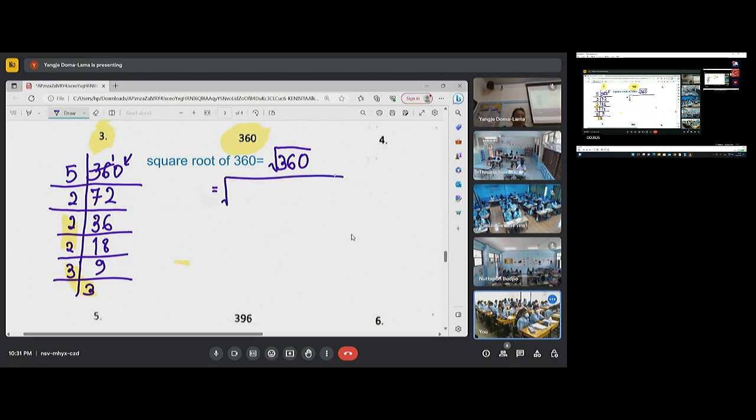So we can write 360. We have 5 times 2 times 2 times 2 times 3 times 3. Now we separate root under 5 and 2. These two numbers have no square.